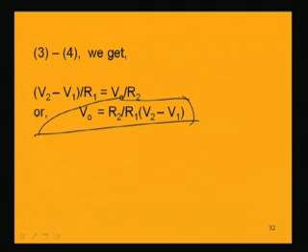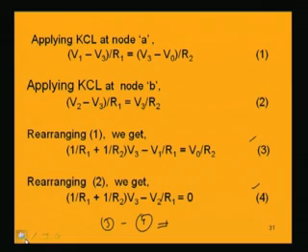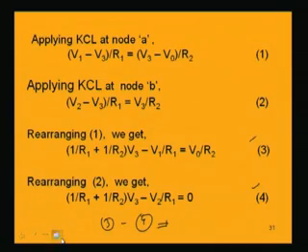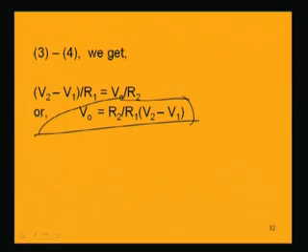Of course, it is multiplied by a factor R2 by R1, where R2 and R1 are the resistances which were connected in the circuit. So, now one thing is clear, that we can get this difference operation also from a circuit connecting the op amp properly with resistances. So, the factor R2 by R1 can be chosen.